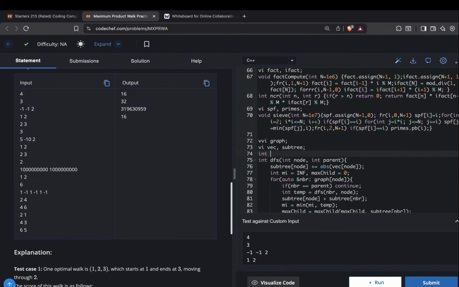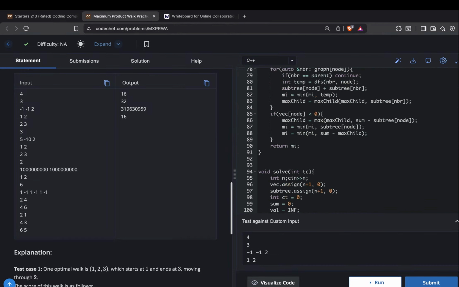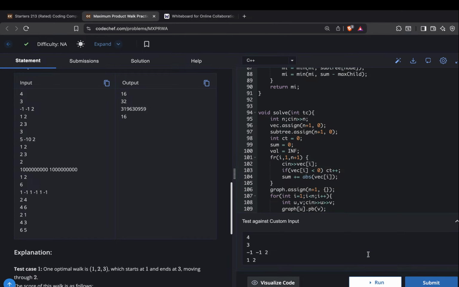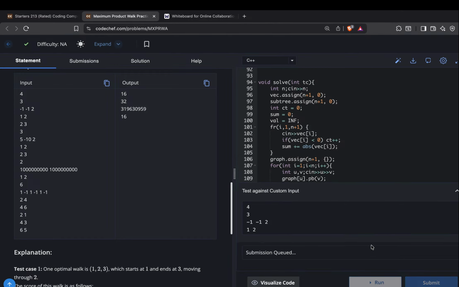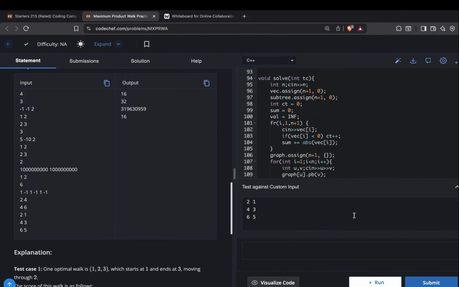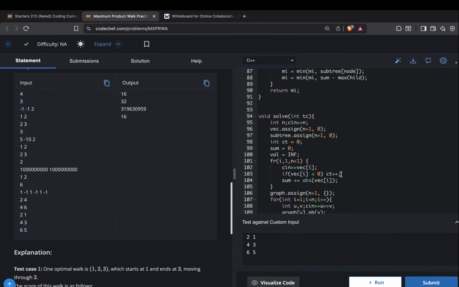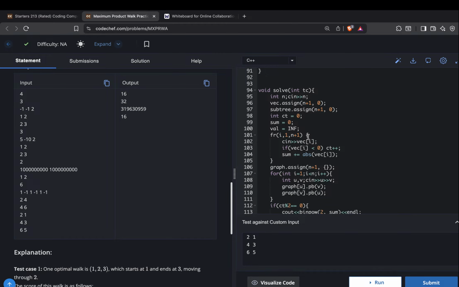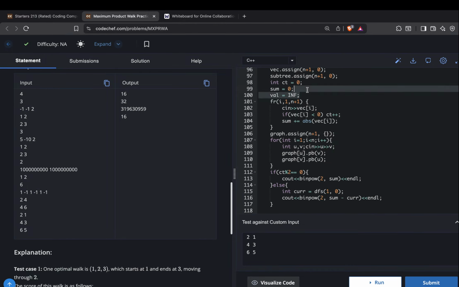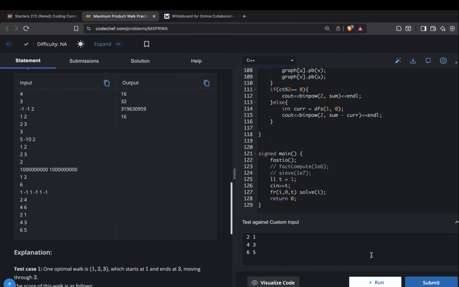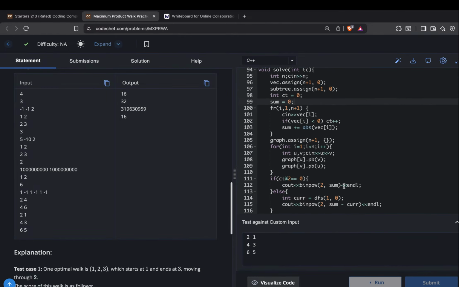Let's declare sum globally. Okay, val I don't think was used anywhere.